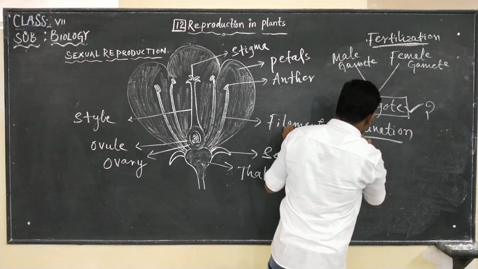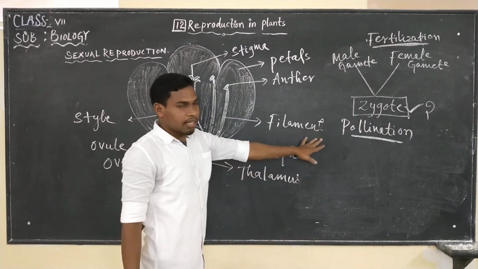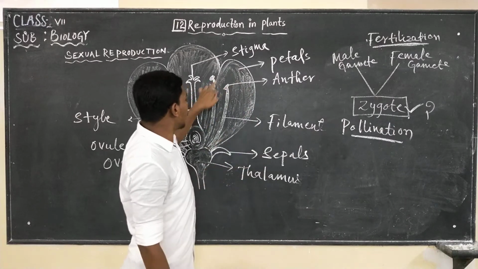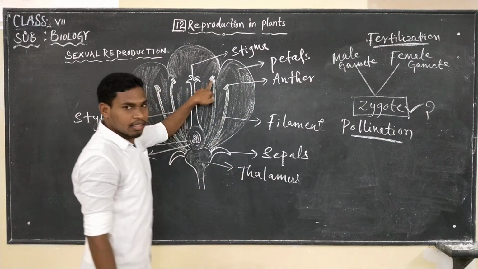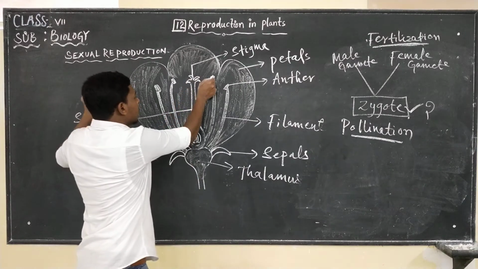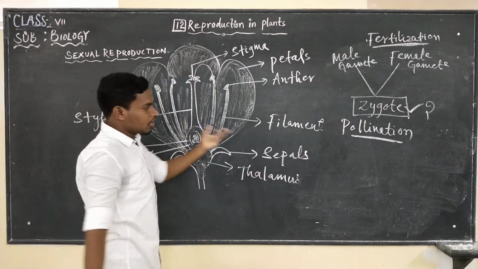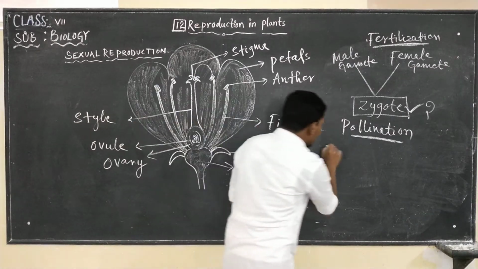What is pollination? Pollination is the transfer of pollen grains from anther to the stigma.